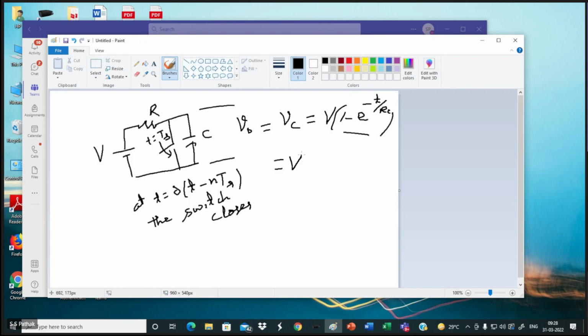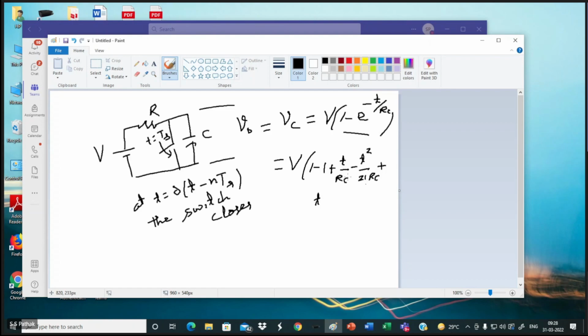V naught equals V times 1 minus, 1 plus T by RC minus T square by factorial 2 into RC square, plus T cube by factorial 3 RC cube, minus something and so on.